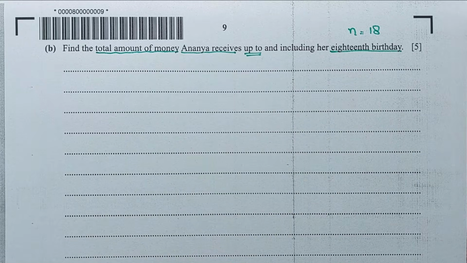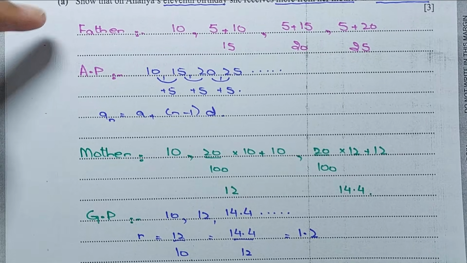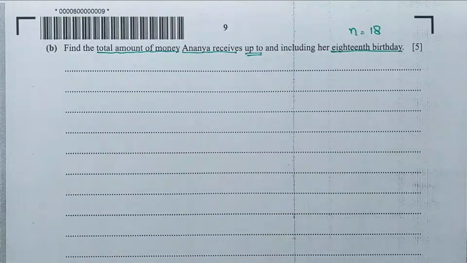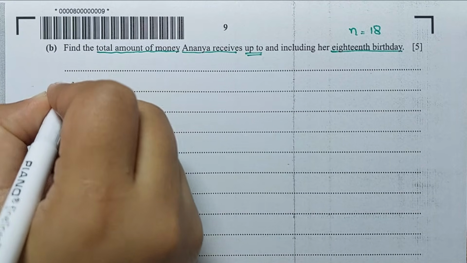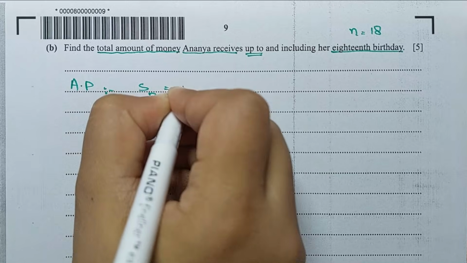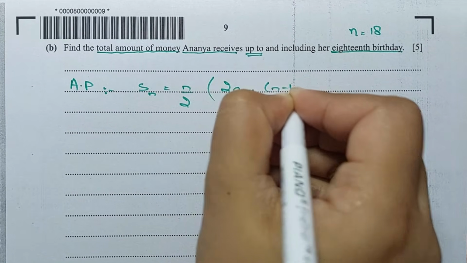It means we have to find the sum of the arithmetic progression and the sum of the geometric progression. As we know, from the father's side the sequence is arithmetic, and from the mother's side the sequence is geometric, right? The sum formula for arithmetic progression is Sn equals n by 2 into 2a plus n minus 1 into d.